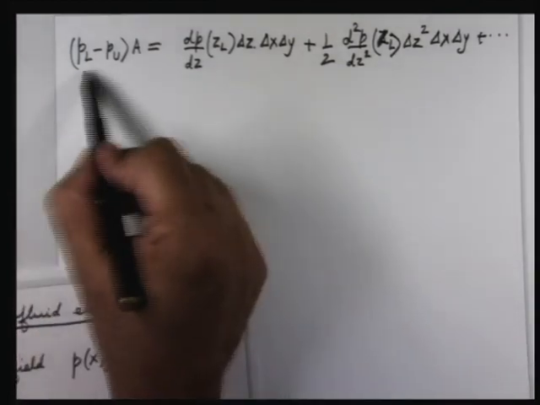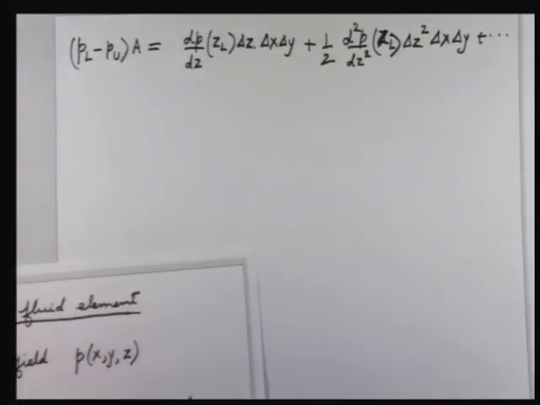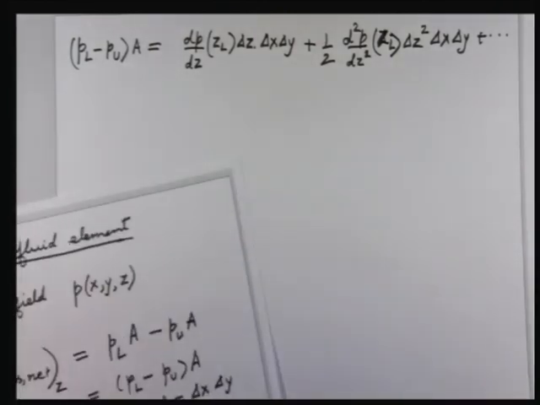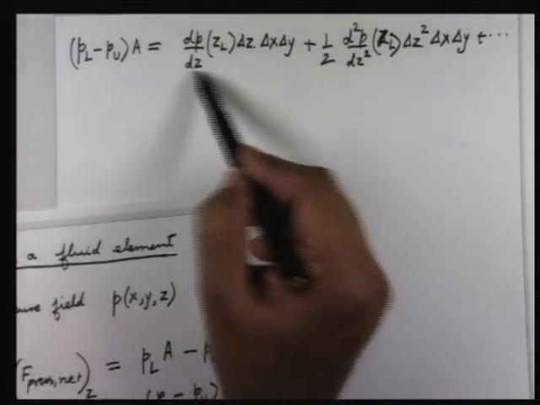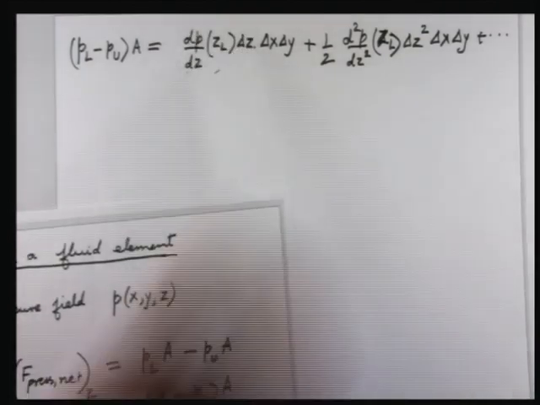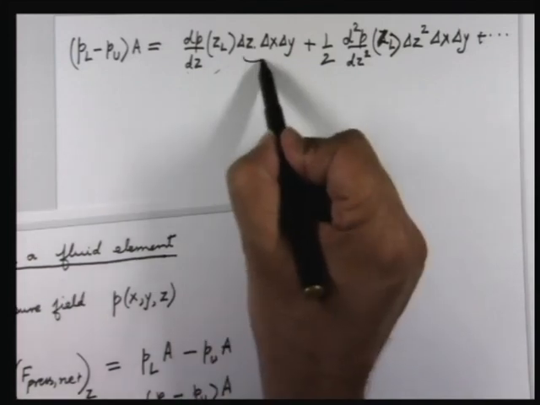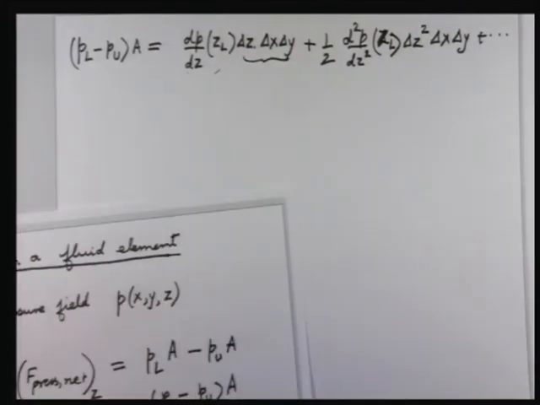So the left hand side here is the net force due to pressure in the Z direction. So you see that that is this pressure gradient dP/dZ into the volume. This delta X into delta Y into delta Z is the volume of the fluid element.